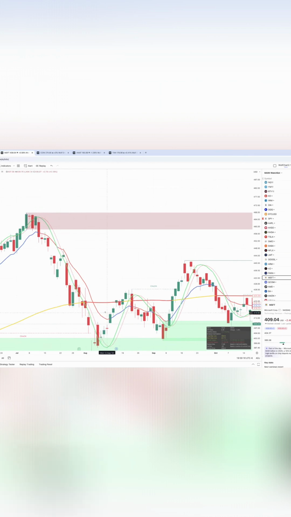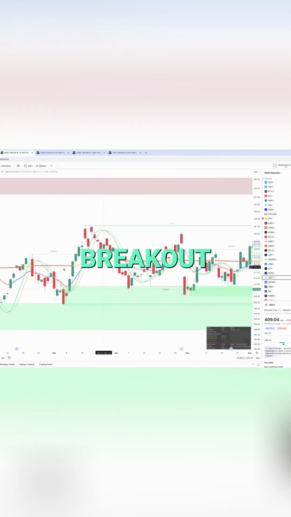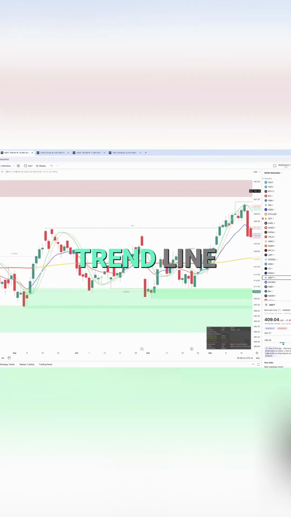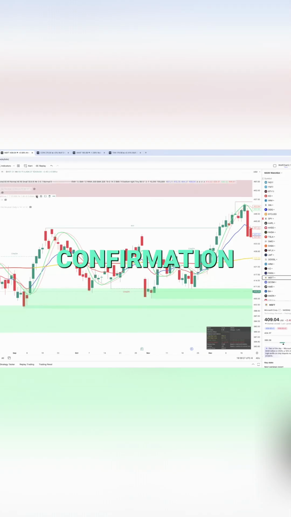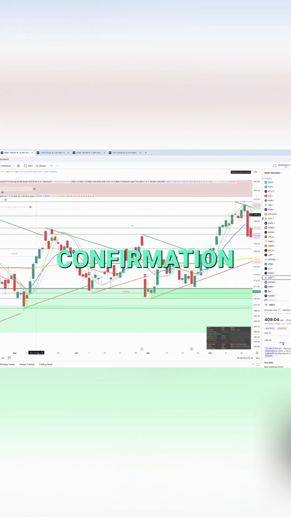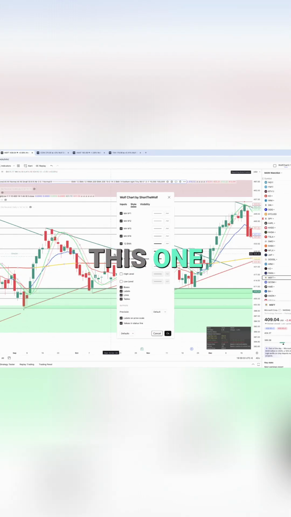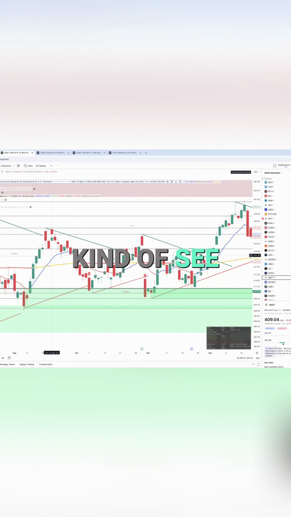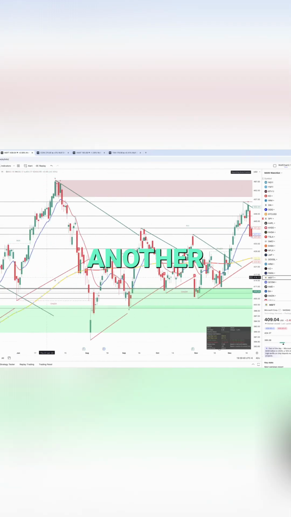Okay. And so for the breakout confirmation, we use the trend line. You have to have the trend lines on your chart for this other confirmation. This is the floating candle confirmation system. With this one, I'm just going to turn off the Wolf trend moving average so you all can see this one. This is another confirmation system.